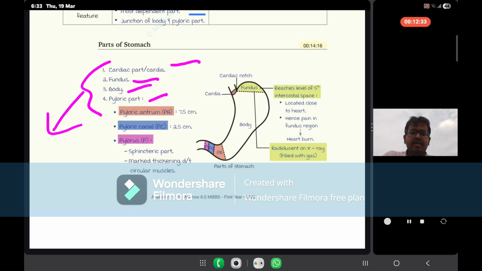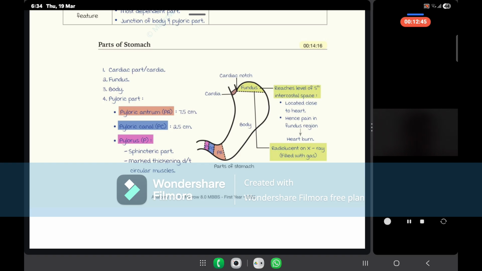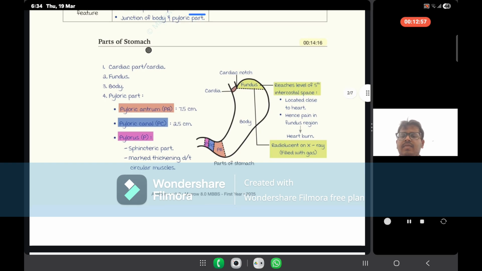In the parts of the stomach, the cardiac part is on the above part.